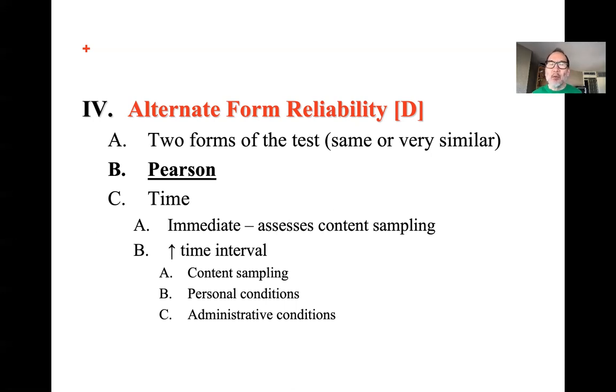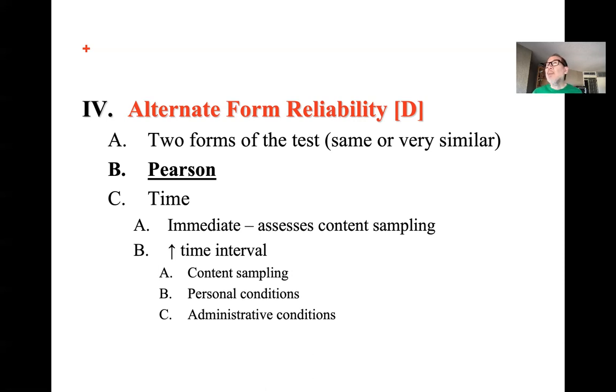If you do it at the same time, you get subjects to take version A and then version B of the test. We're looking at the test itself, our test content. It tells you something about how well you sampled items for the content, your content sampling. How did you collect and generate items for your test?